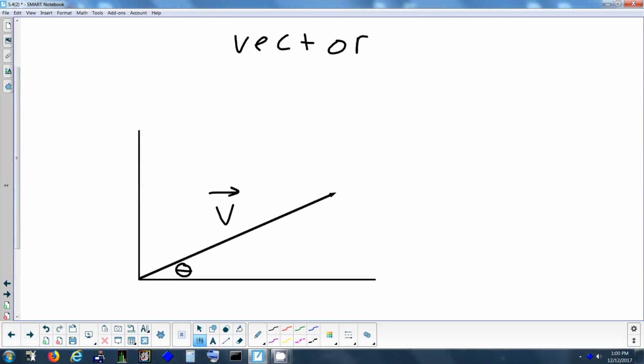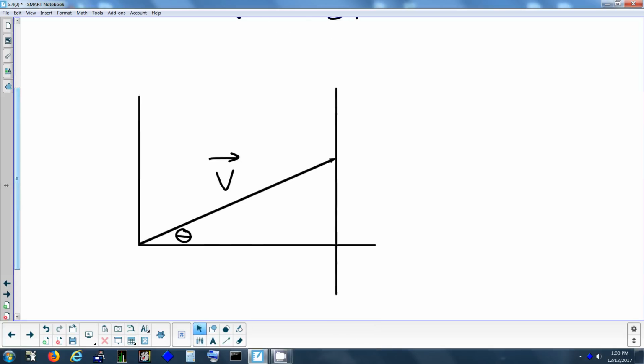To do that, what shape could I make out of that ray? Yeah, we're going to make a triangle. So I'm going to draw a vertical and just put it right there. Any question on that? Now, by creating a triangle, what we can figure out here is two things, that and that.